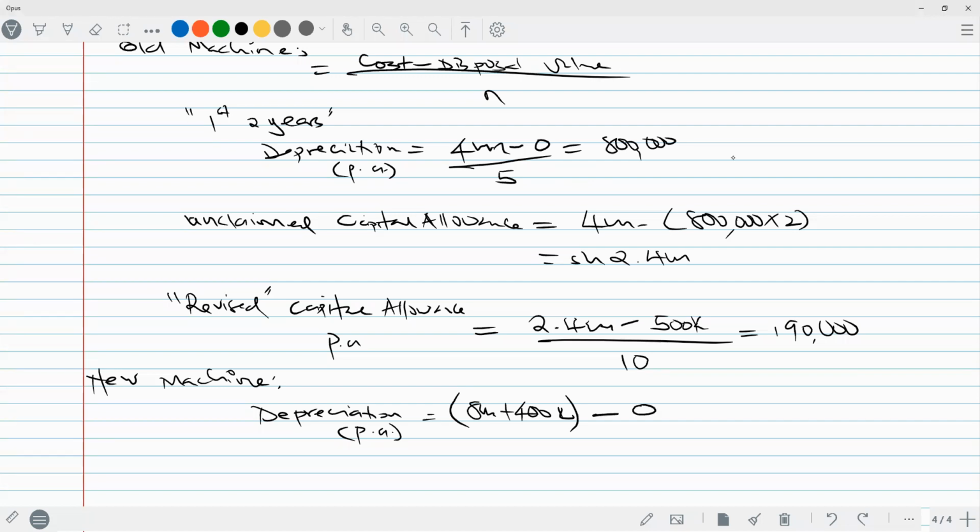Minus 0, we divide by the number of years, in this case 10 years, and we get 840,000 per year. You can claim an allowance of 840,000 per year.